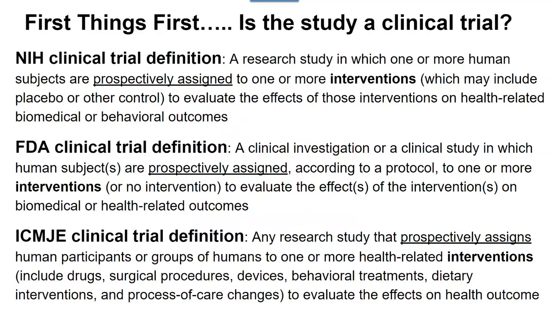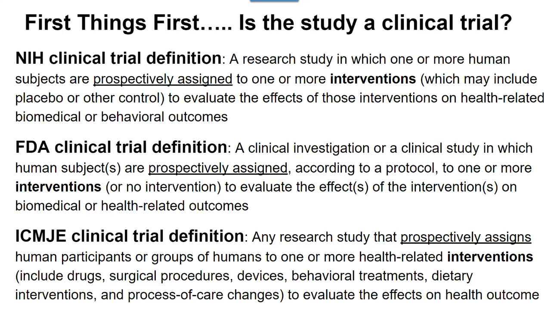First things first, regulation and policy require clinical trials to be registered on ct.gov. You can put observational studies such as biomarker validation studies or epidemiological studies if you want to, but it is not required for the most part. I'm listing three very similar clinical trial definitions set by NIH, FDA, and publication policy.